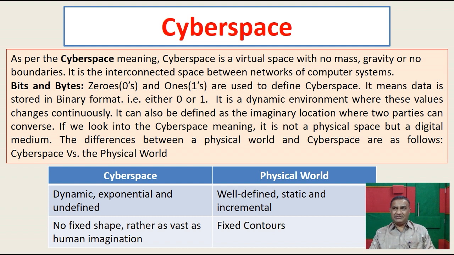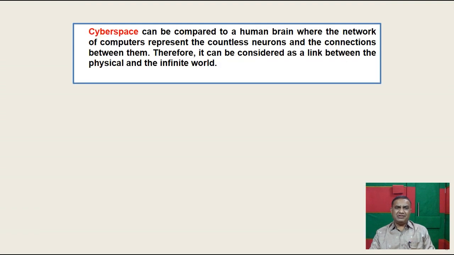You don't know the exact correct address of the person with whom you are communicating. The same is true for WhatsApp and Facebook. But in the physical world, you know the exact address of the person, where he is living, and in which place we have to meet. That is the basic difference between the physical world and cyberspace.